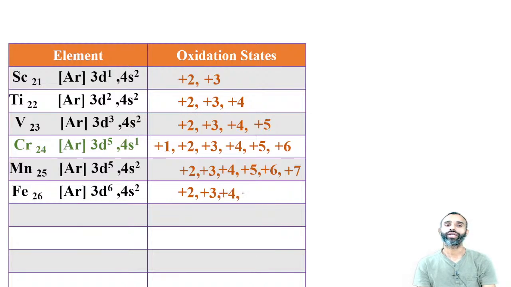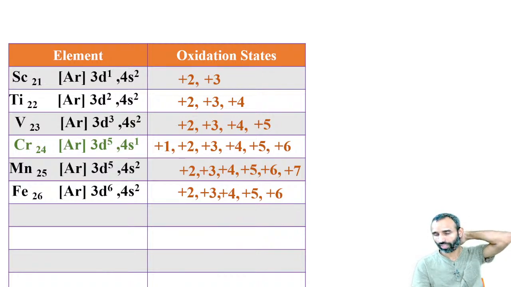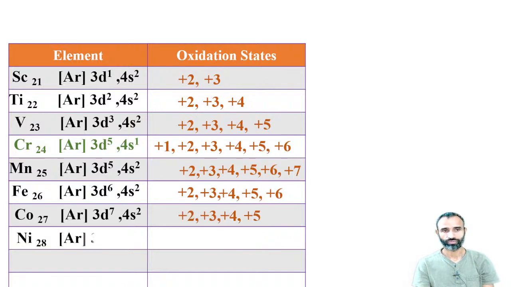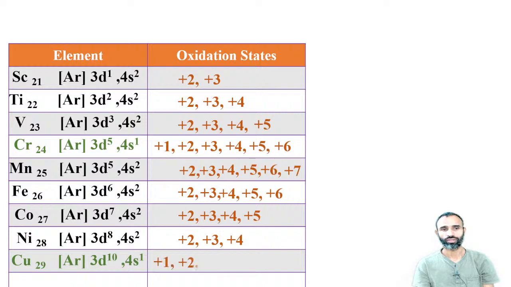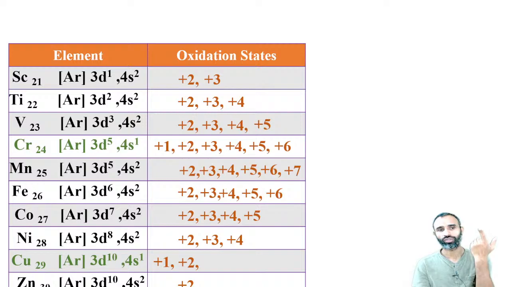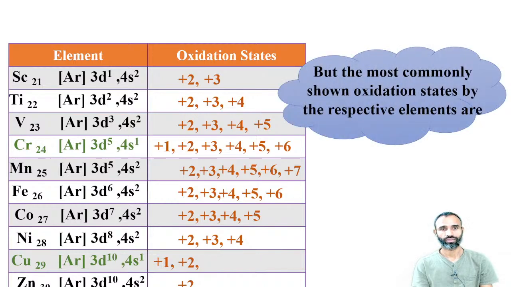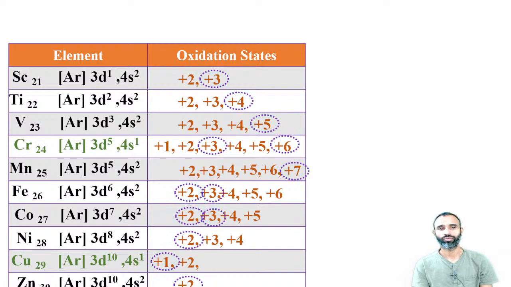Then for iron it is generally +2 and +3, and it can also show +4, +5 and +6 in some compounds. So see, now there is a decrease, and zinc can show only +2. So which one is the most common?